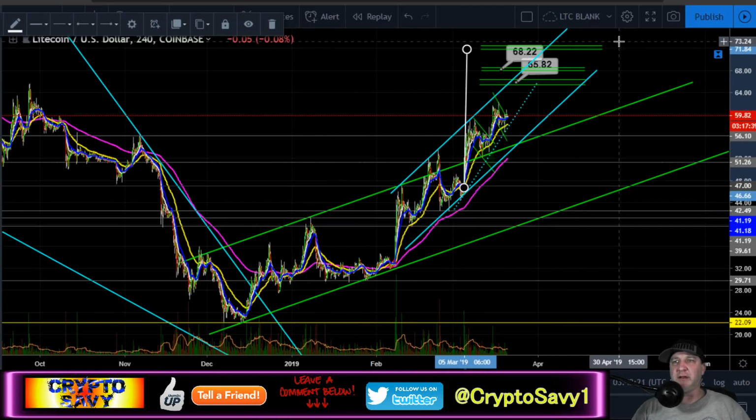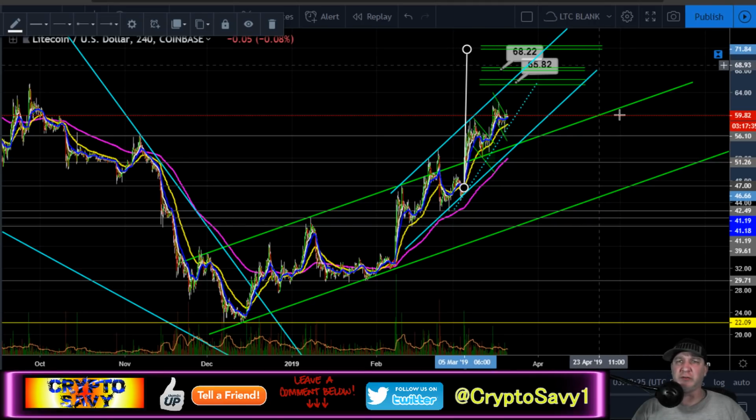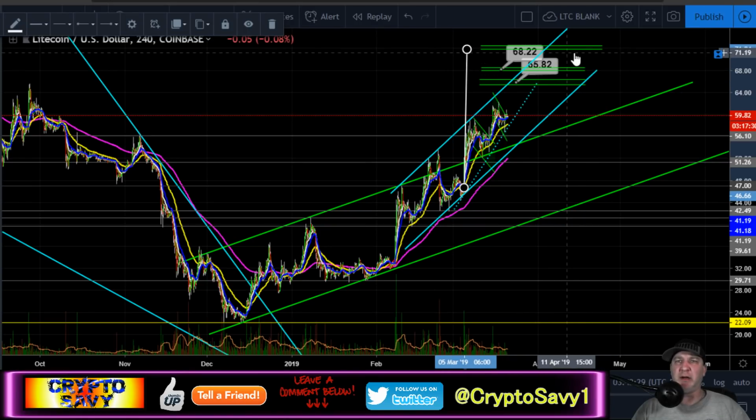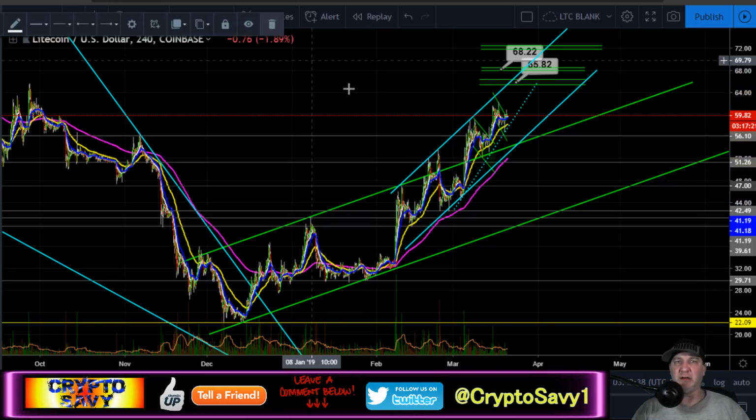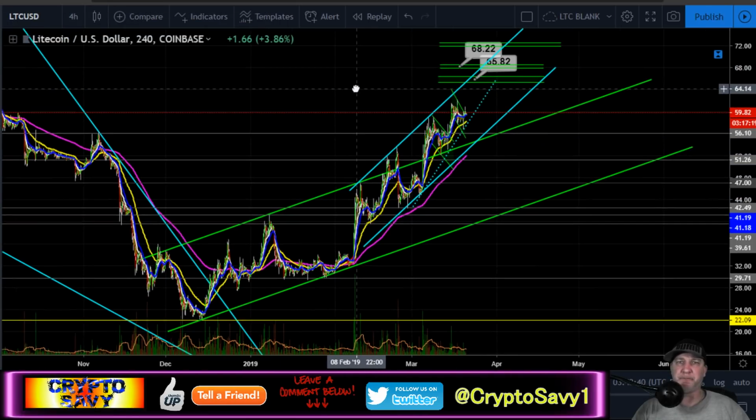That gets us to this $72 range here, which is possible, guys. I'm not saying that we get up that high right now, but for right now, I am looking at the 68 and the $65 range as our targets, and then a possible correction after that.